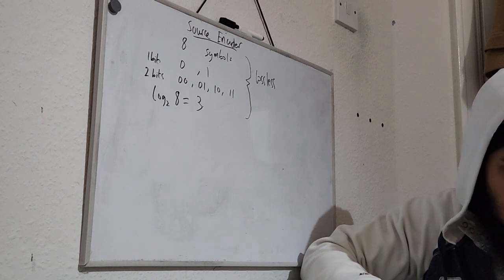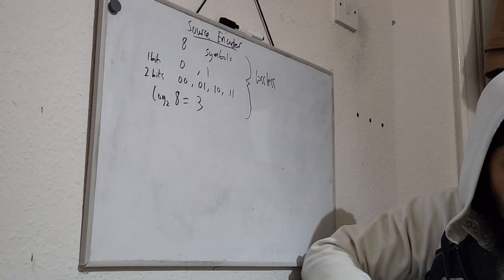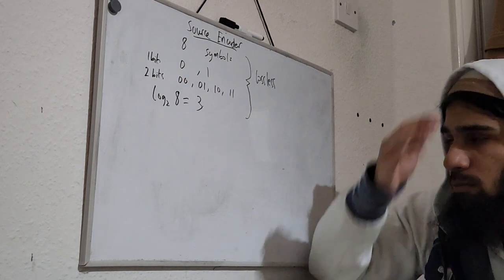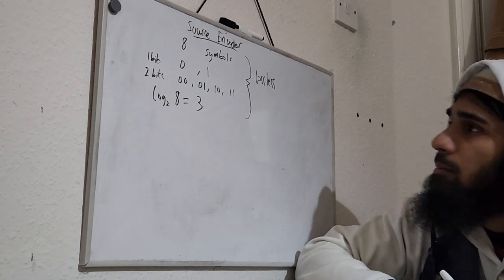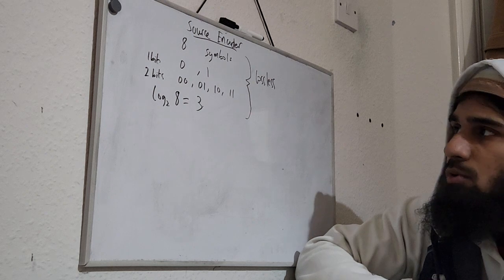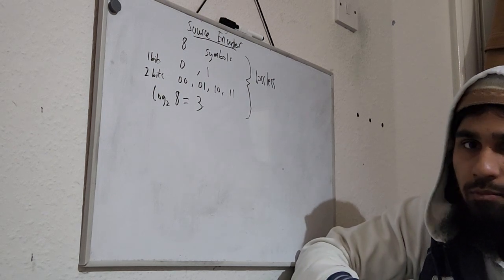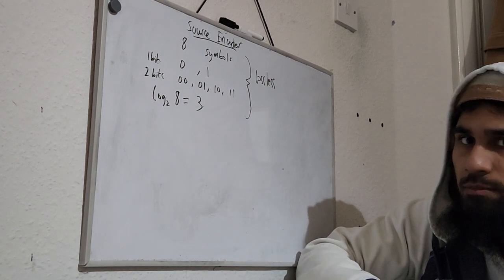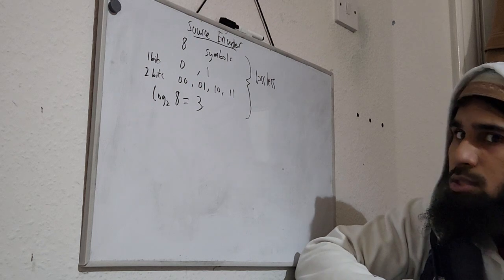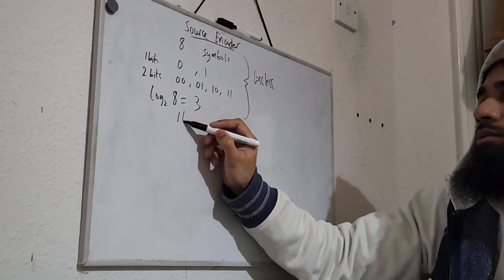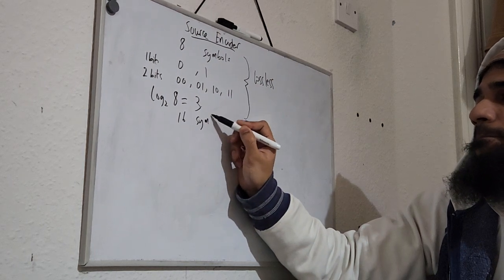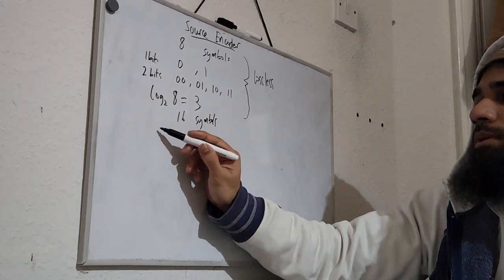So we want to save those bits, but you don't want to use 3 bits, because there are many reasons why, for the amount of symbols we have, we won't just use that number of bits, because that increases a lot. Let's say there are 16 symbols. How many bits?